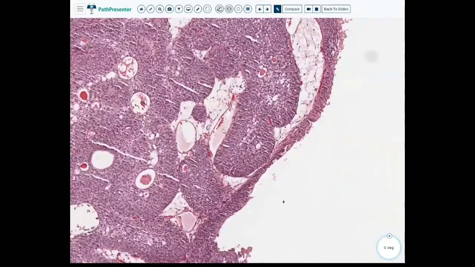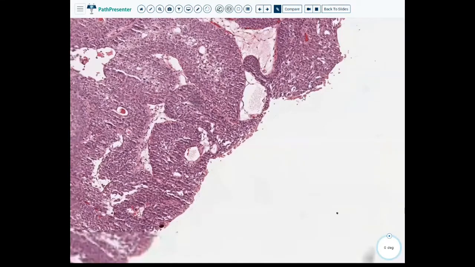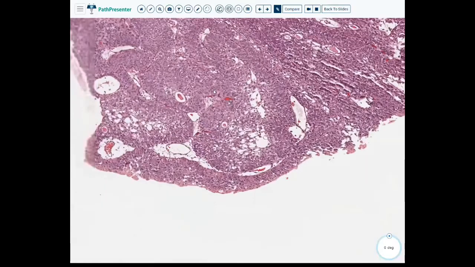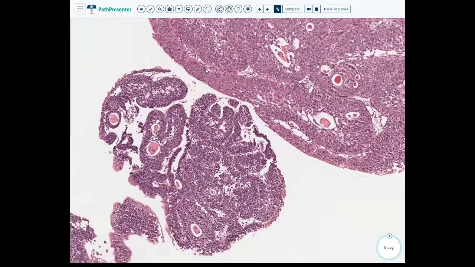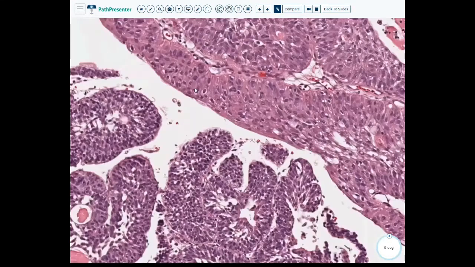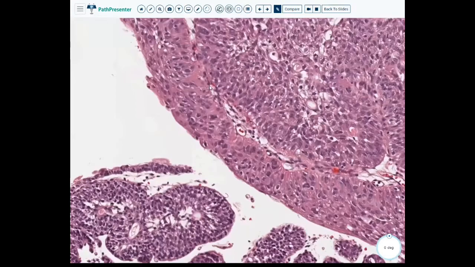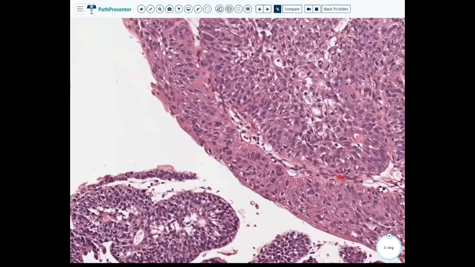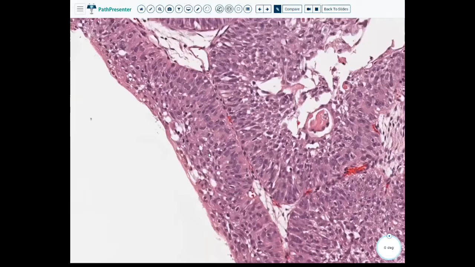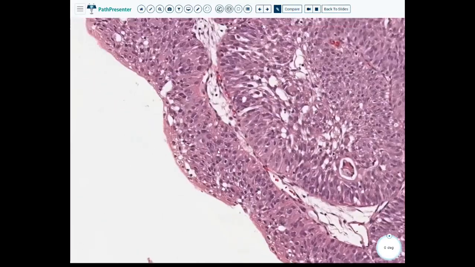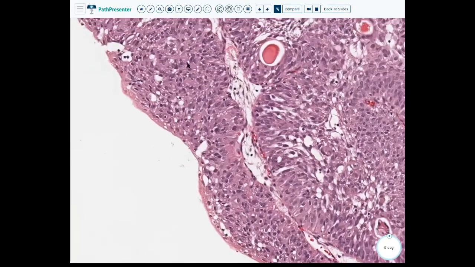And why are we looking for surface epithelium? Well, surface epithelium in your inverted papillomas should be bland. It should be normal, and if this is surface, this is not completely bland. There is some disarray here. There is atypia. The slam dunk would be having atypical mitotic figures that are high up, but this is too much atypia.